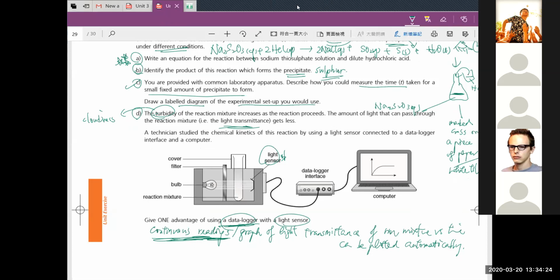Because for the human, we cannot get continuous data so easily. You just look at it and then copy, look at it and copy, and at the same time you look at the timer. So it will cause much inconvenience. So if you want to take a continuous reading, continuous data, you better use the data logger, and it will give you an easier life.